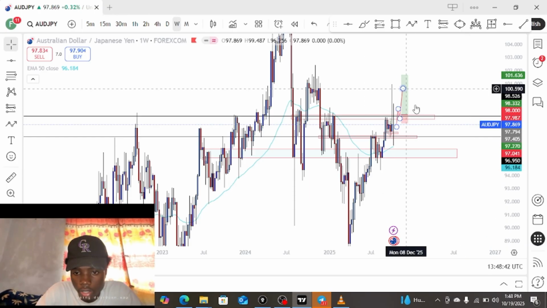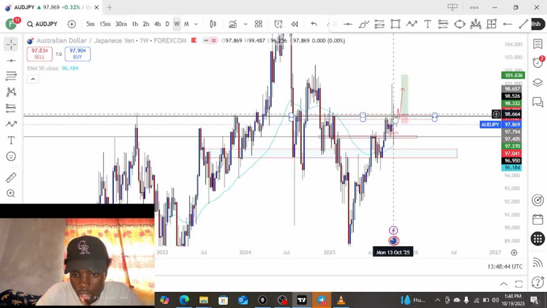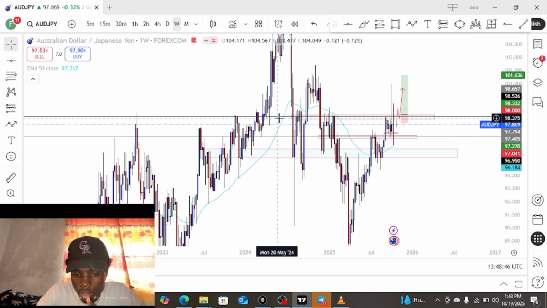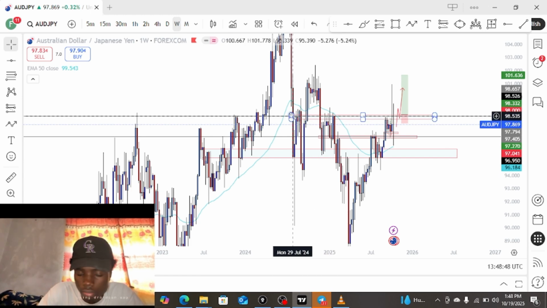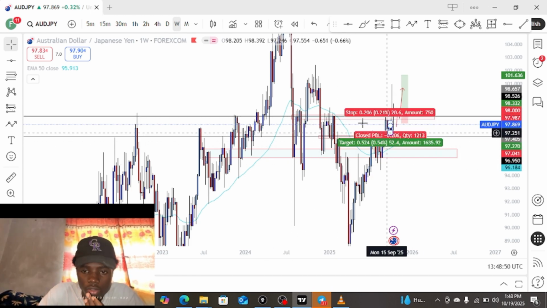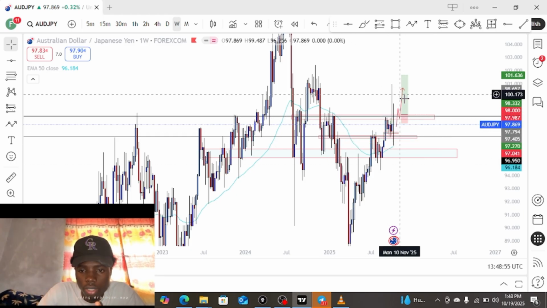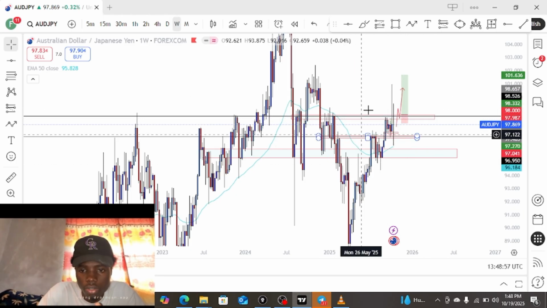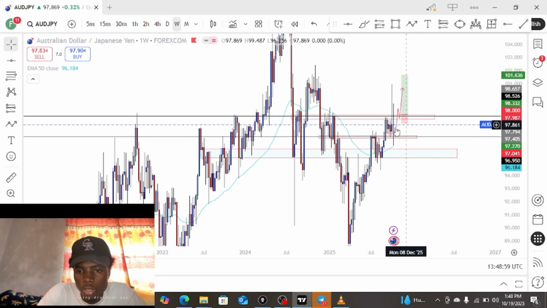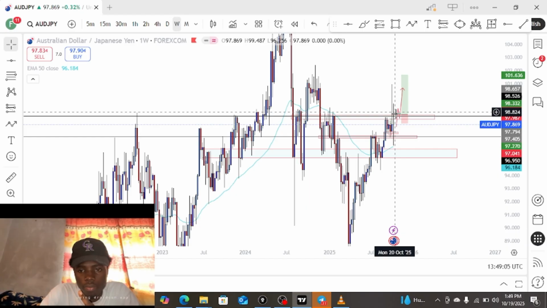You can see that this week the weekly is giving me the week under this AOI, although it is bullish, okay? So this is why I'm smiling. For us to take this trade, we'll be looking for a weekly candlestick like this. The weekly should break this AOI. That's what I'll be looking for.